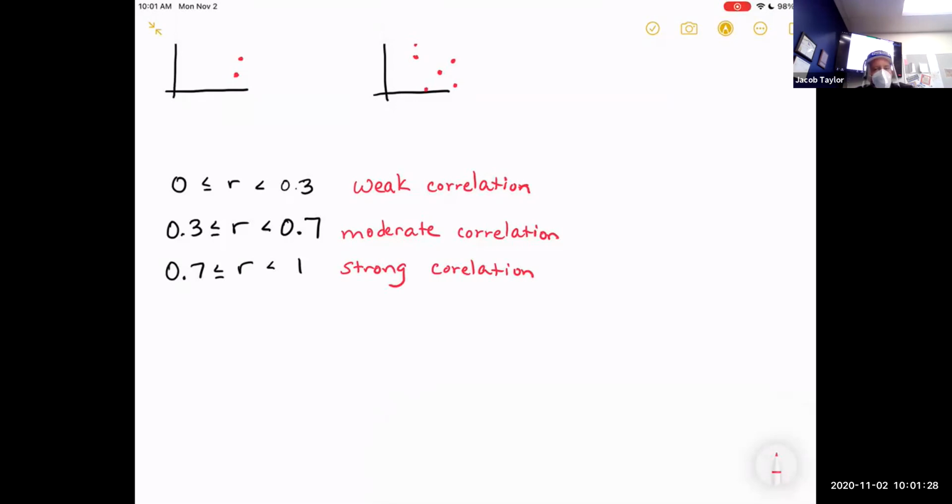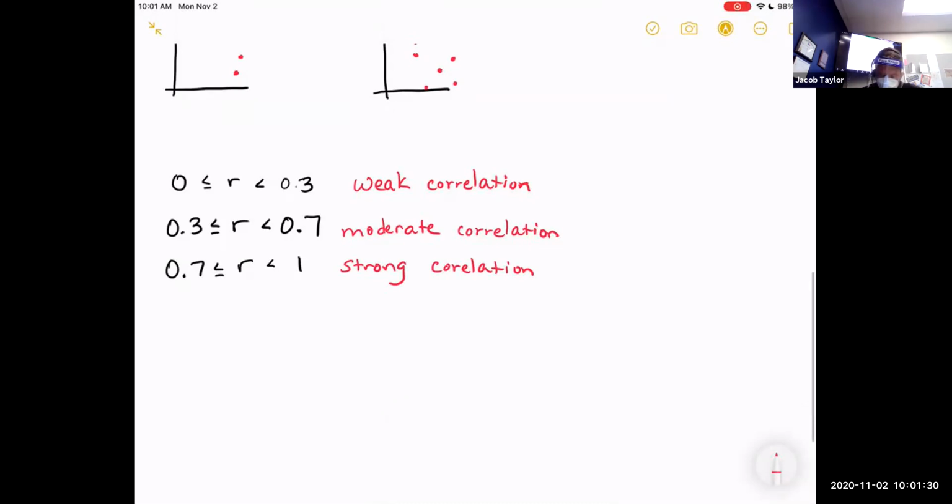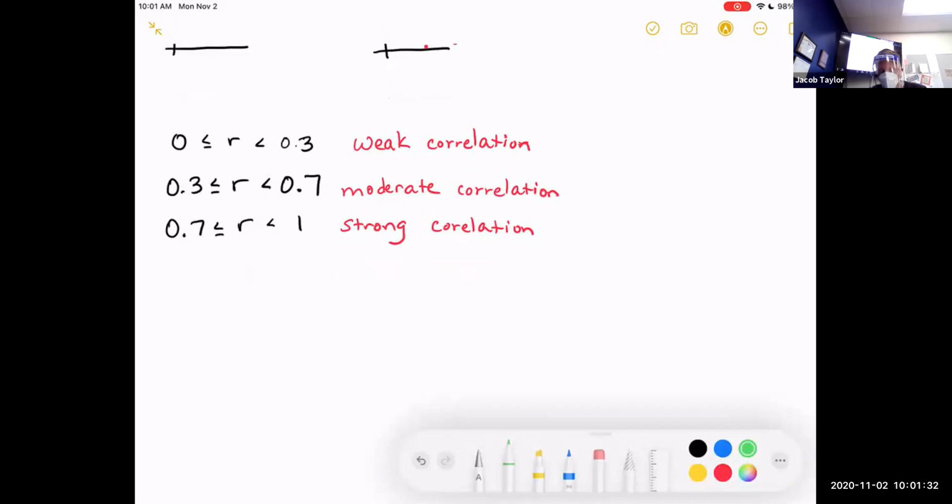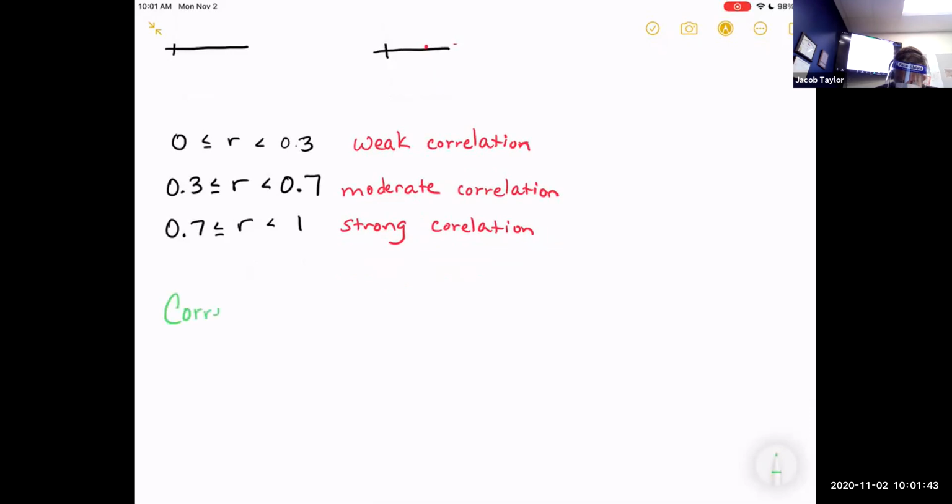Now, one of the ways that correlation can get you in trouble is that a lot of times people think that because two things are closely correlated to one another, that they must cause one another. Correlation is not causation.